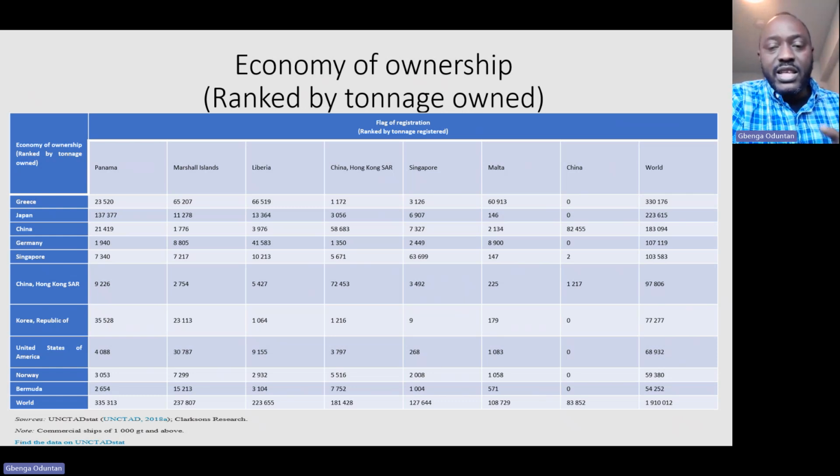So there are some states that make their jurisdiction open to anyone to come and register their ships there for a small fee, but because of the volume of registrants, they make a profit from that.